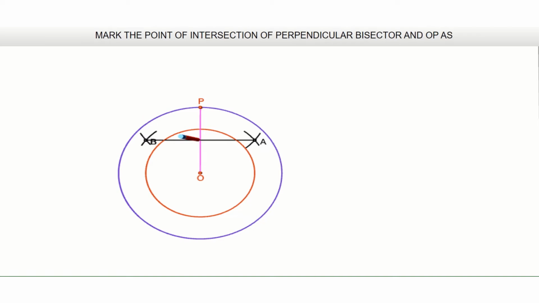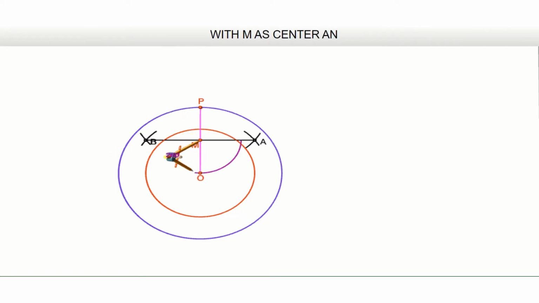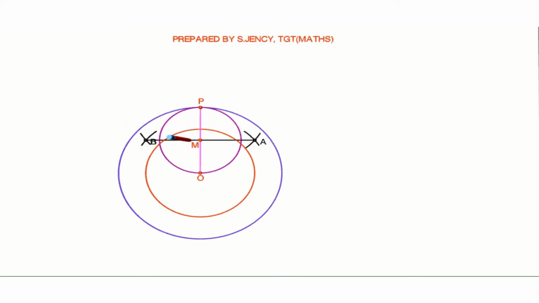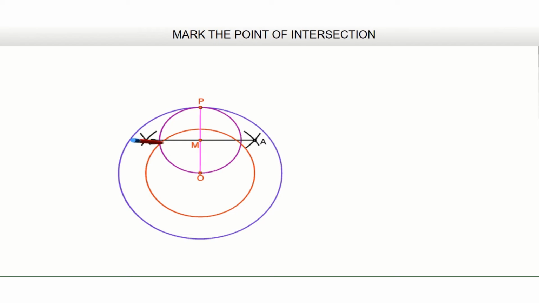And this center point, this intersection point M, I am going to draw one circle with the radius of O. Now those two circles will intersect. See the purple color and red color circle.